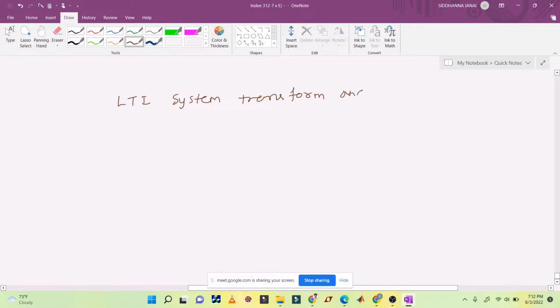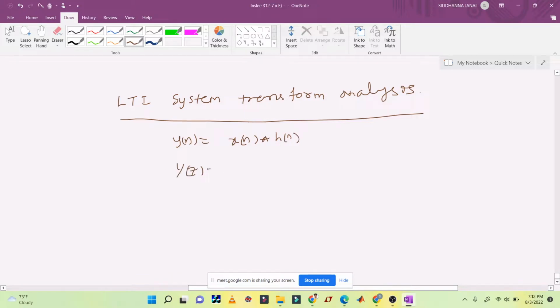Okay, this is transform analysis. In this, the importance is for this equation: y of n is equal to x of n convolution h of n.